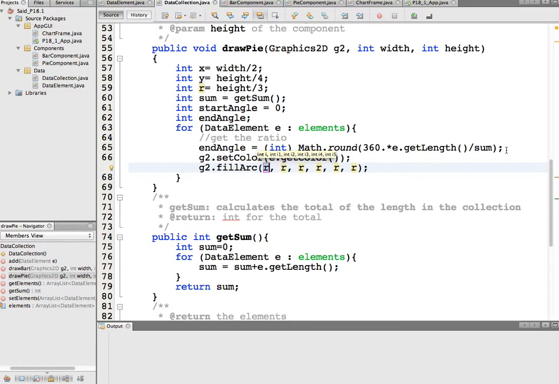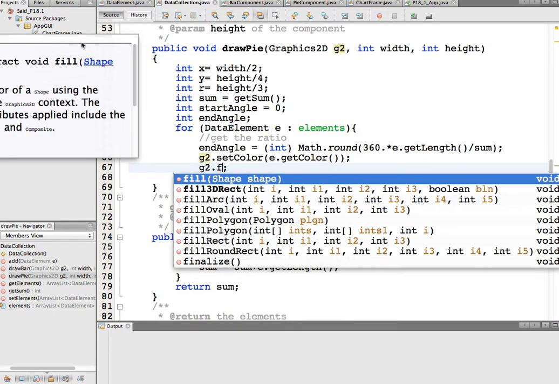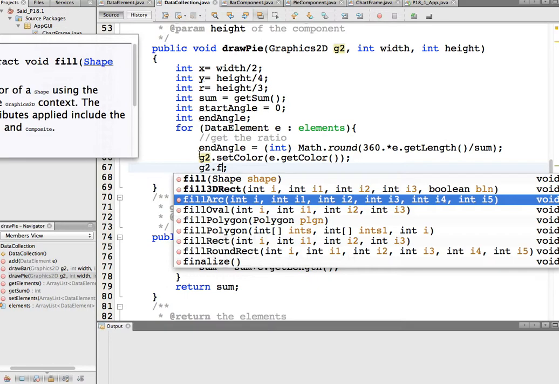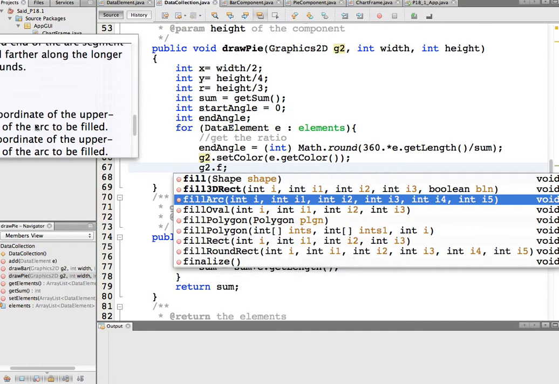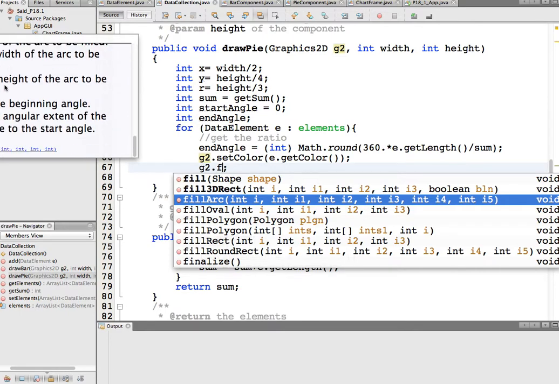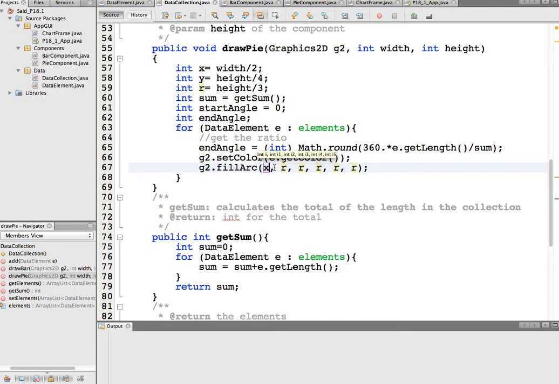So I take the first one, the first item, and if you want to know where this is coming from, you can read the documentation, or you can say fill arc and look at the API documentation. I'm trying to get it within my frame here, and the documentation will tell you what the x is and the y and each one of those parameters are. So we'll say that this is the x, the y, the radius, and then the start angle and the end angle.